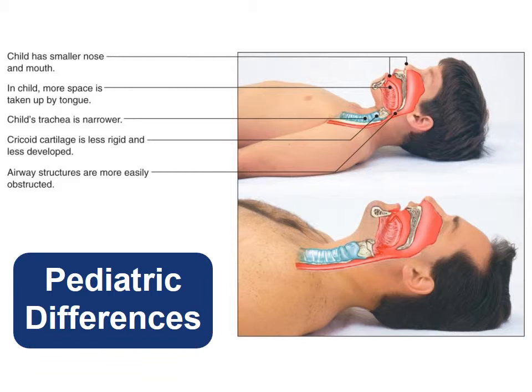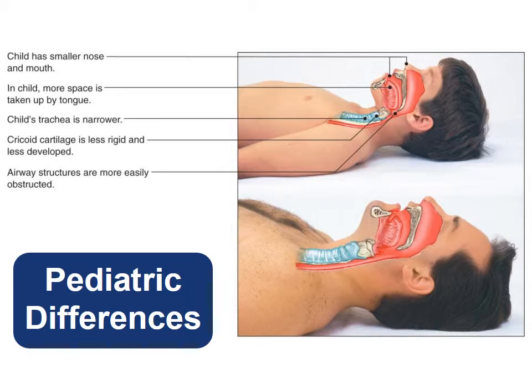If the patient is allergic to bees, for example, and their tongue swells, there's less room for swelling than in the adult for the kid. The tongue takes up more proportional space. It's easier to block the airway.